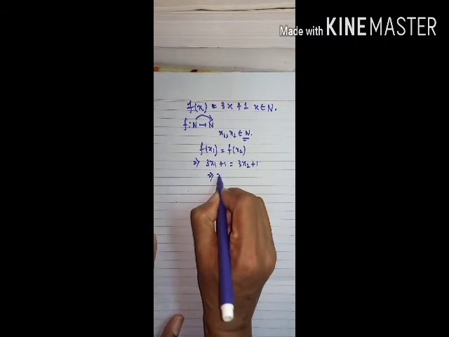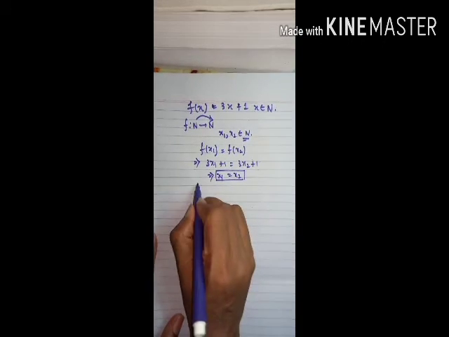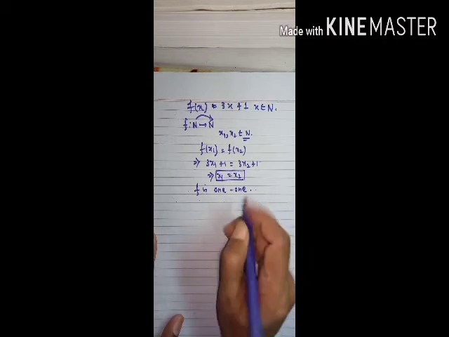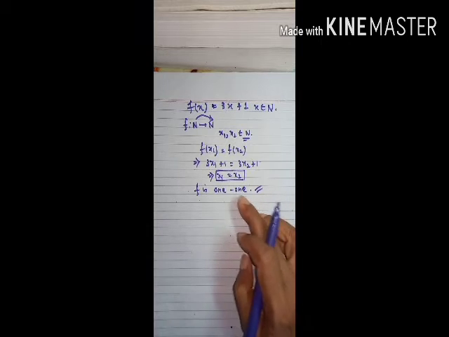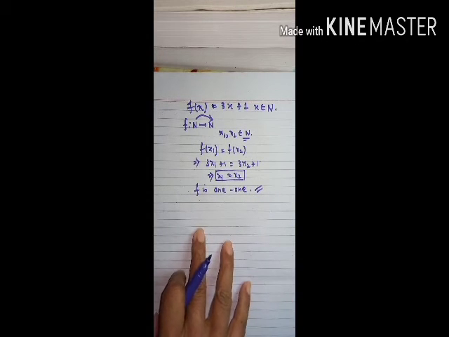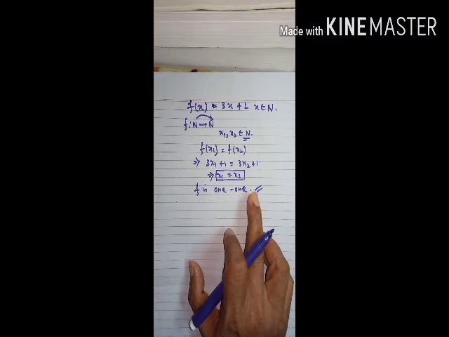So that is x1 equal to x2. So f is one-one. All of you understood? Yes. That is, f is injective function.